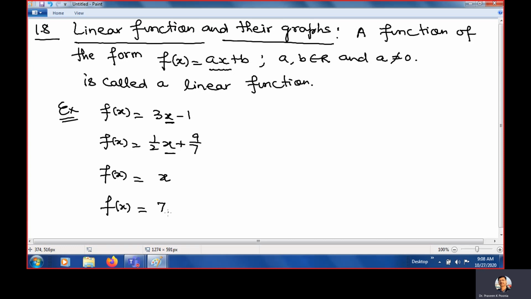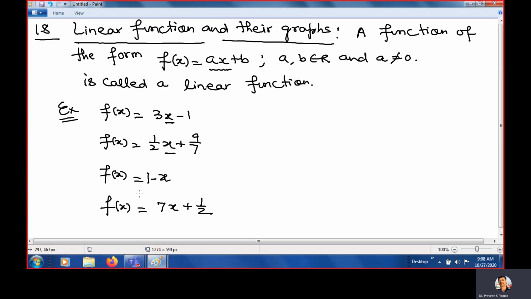No, this is a constant. No x is here. Now I'll write this. This is a linear function now. So these are the examples, and it is not always that x is positive. You can write 1 minus x. This is also a linear function.